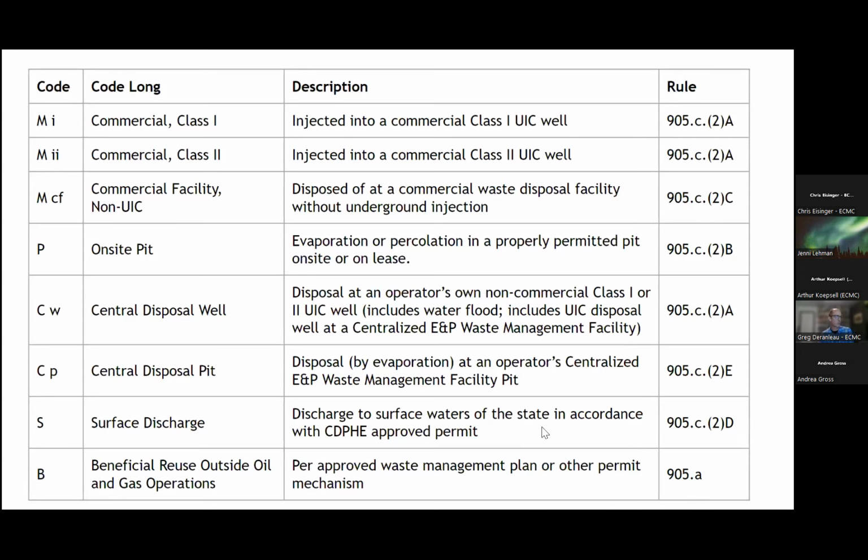I've fielded some questions about, well, how do we describe where it's going when it gets recycled or reused? And we don't need to track that. We can essentially check the box that it's being done, and that works for us because, again, we will collect that data on an aggregated scale with the quarterly location reporting.